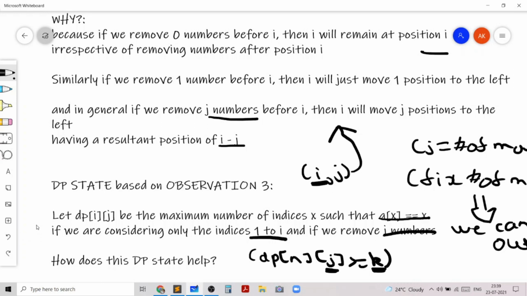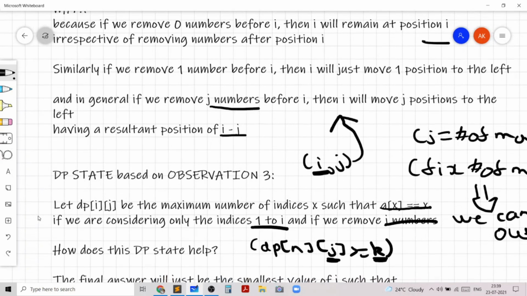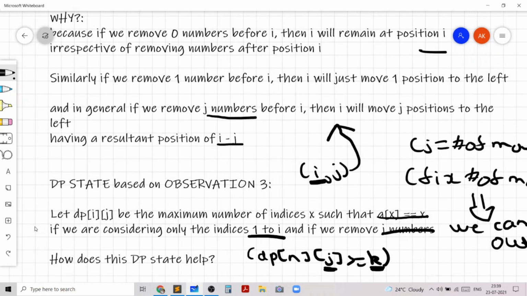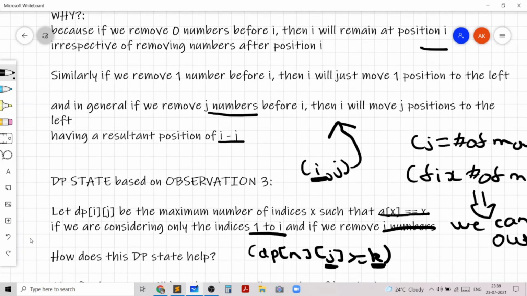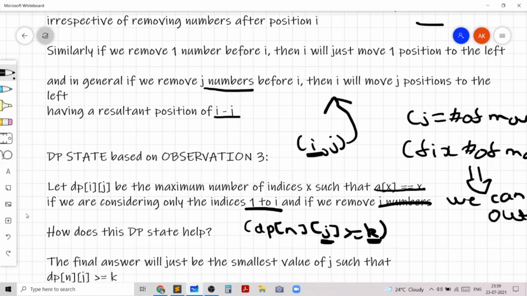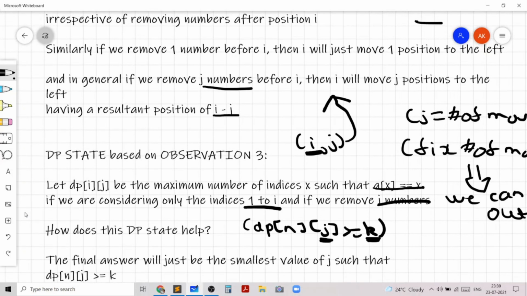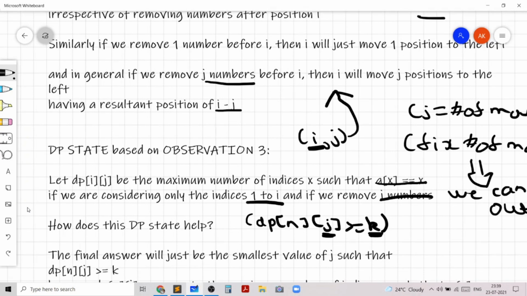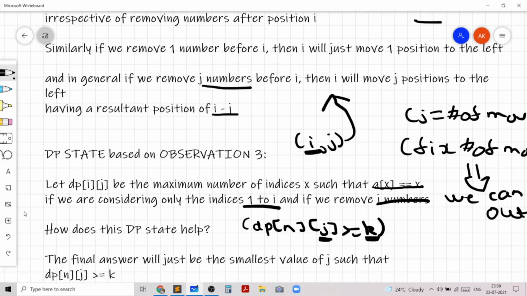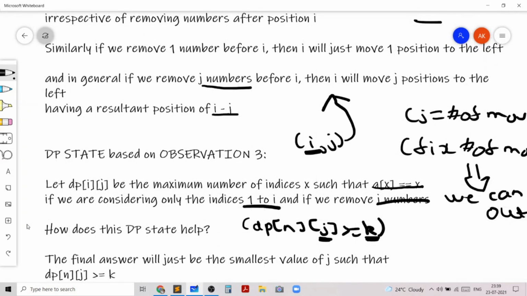And this is powerful because that minimum value of j will be our answer. So reiterating what I just said, the final answer will just be the smallest value of j such that dp[n][j] is greater than or equal to k.